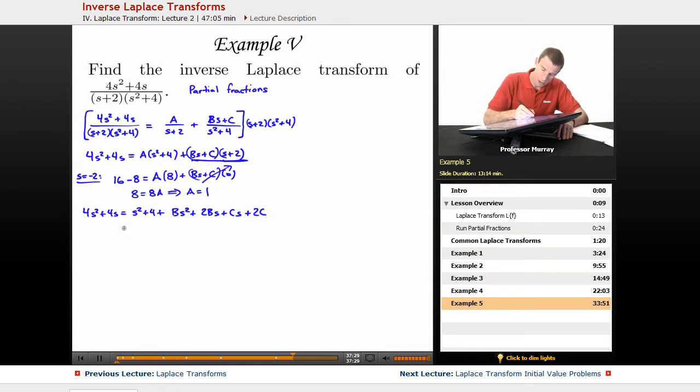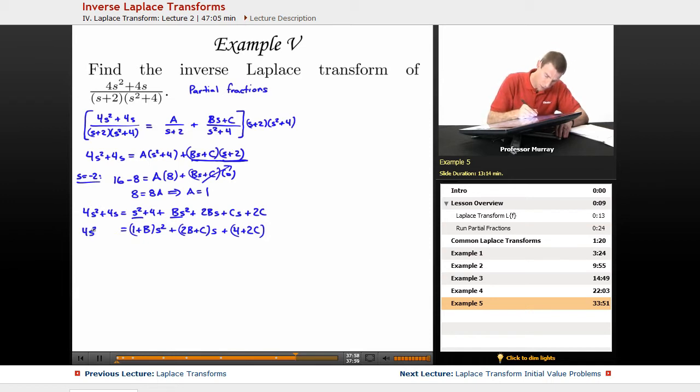I'm going to sort that out into powers of s. I see I've got (1 plus B) times s squared, which takes care of that term and that term. Now my s terms are going to be (2B plus C), and my constant terms are going to be 4 plus 2C.